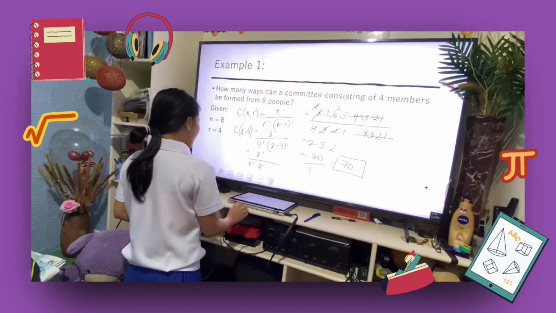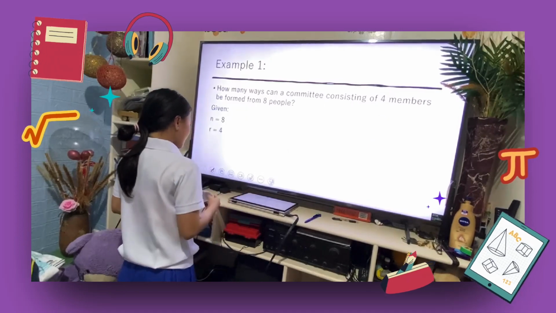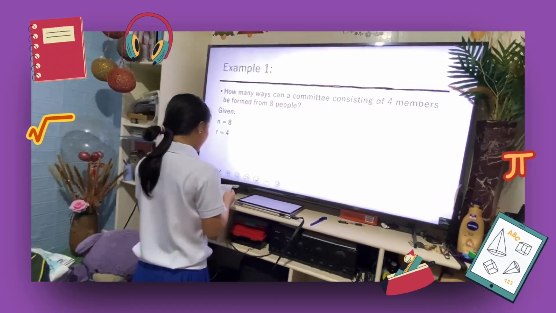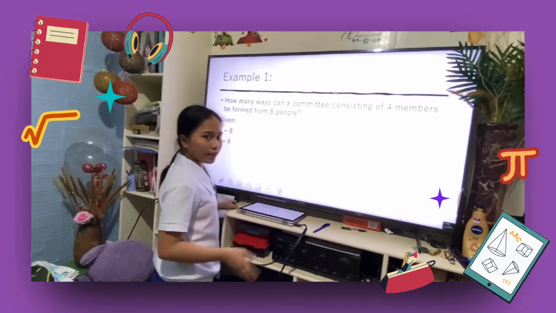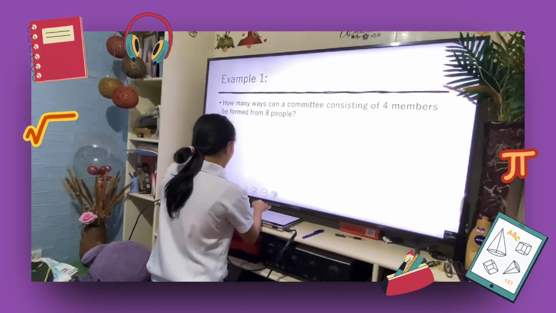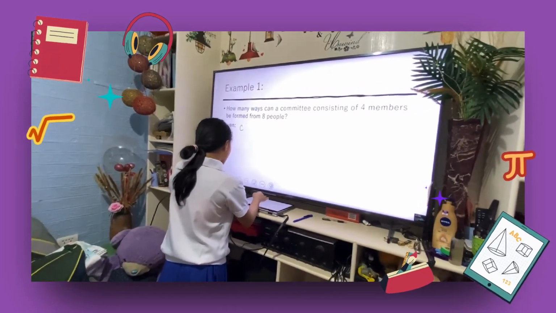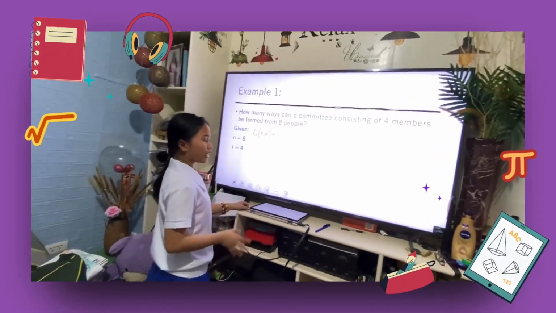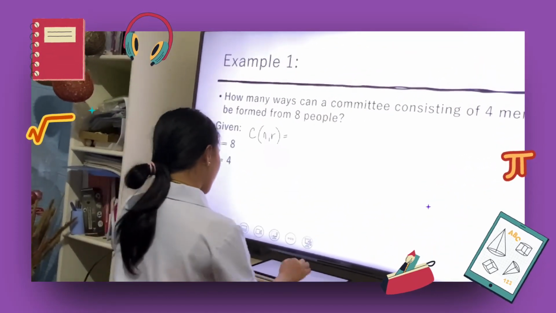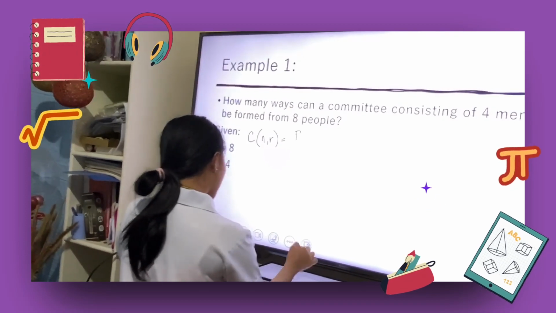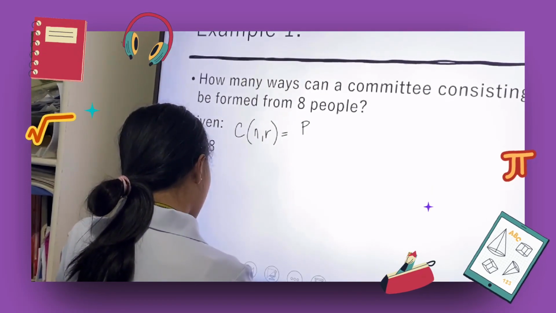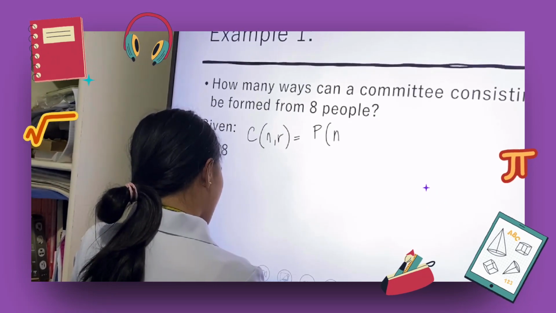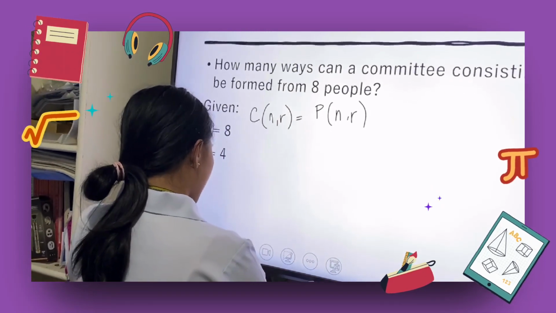So we need to remove this first. So this formula is basically the same but also different at the same time. So we need to write C n r is equal to. So this is where it gets a little different. So we need to put P above here, meaning permutation, and then n, and then r.